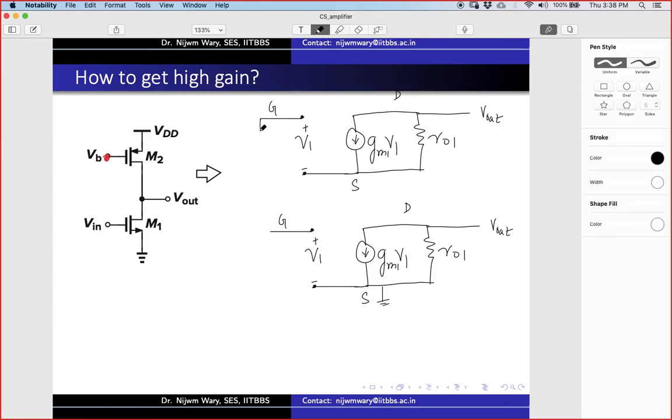I hope this concept is fine for all of you. The source is connected to VDD here, so AC wise it will also be grounded, because there is no AC signal, it's a fixed potential, and the drain will definitely be connected here.